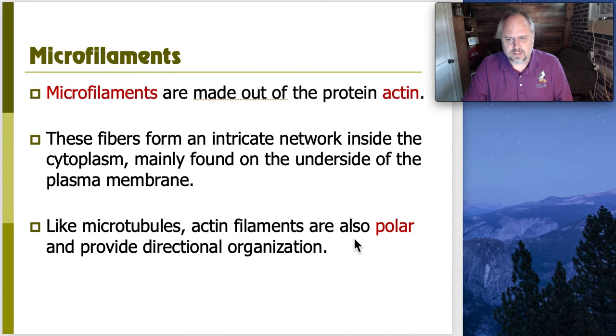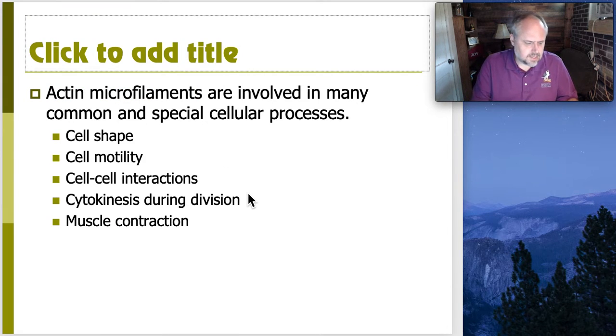The directionality also helps with that movement and being able to keep track of where things are going and what things are doing. As far as functions go, these guys are pretty variable depending on what kind of cell we're talking about. So certainly cell shape is important, not quite to the same extent as the intermediate filaments and the microtubules, where again that's more support in the way of preventing damage.